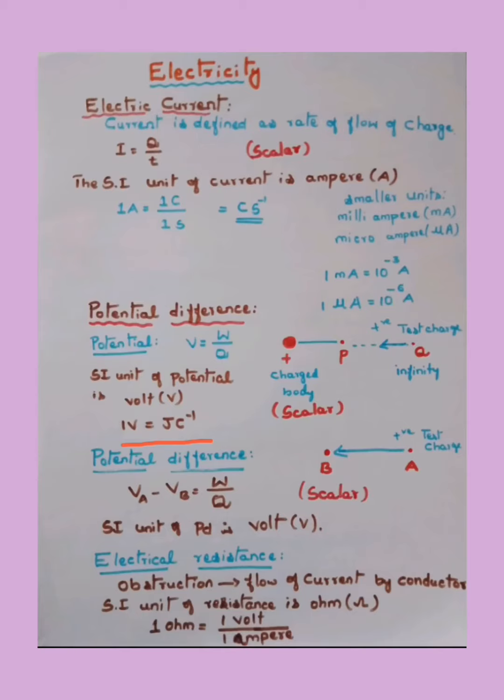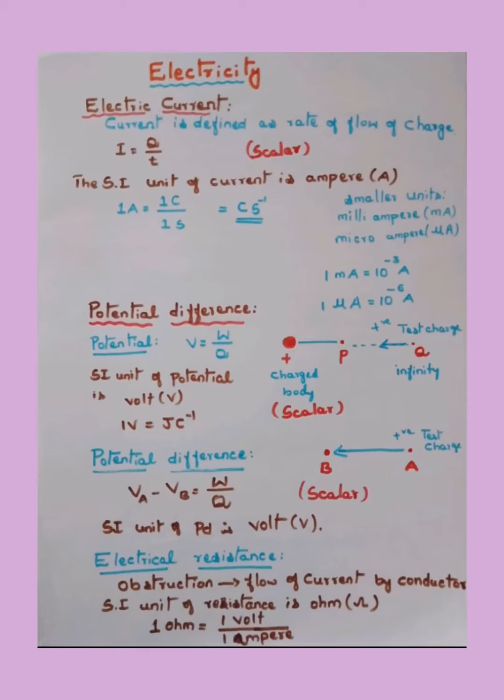Okay, now we shall move to potential difference. So how do you define potential difference? It is nothing but the amount of work done in bringing a positive test charge from one point to another point.